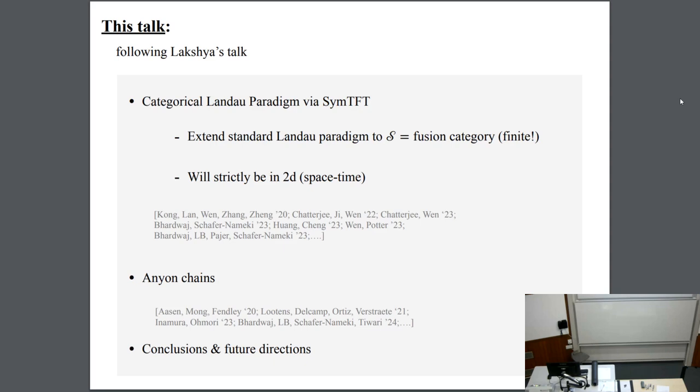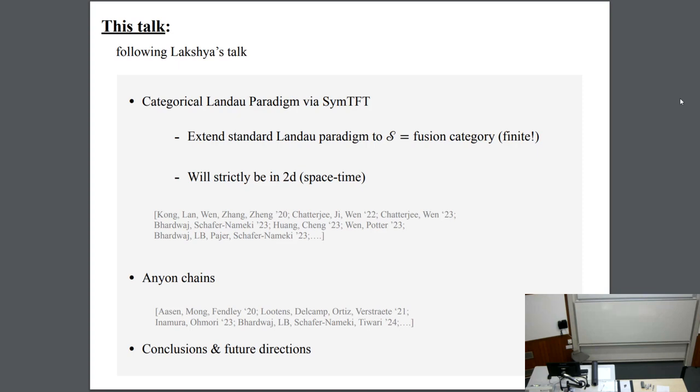And so, in particular, the symmetry we consider will be only finite symmetries that can be described in this fashion. And I will also be strictly working in two space-time dimensions.